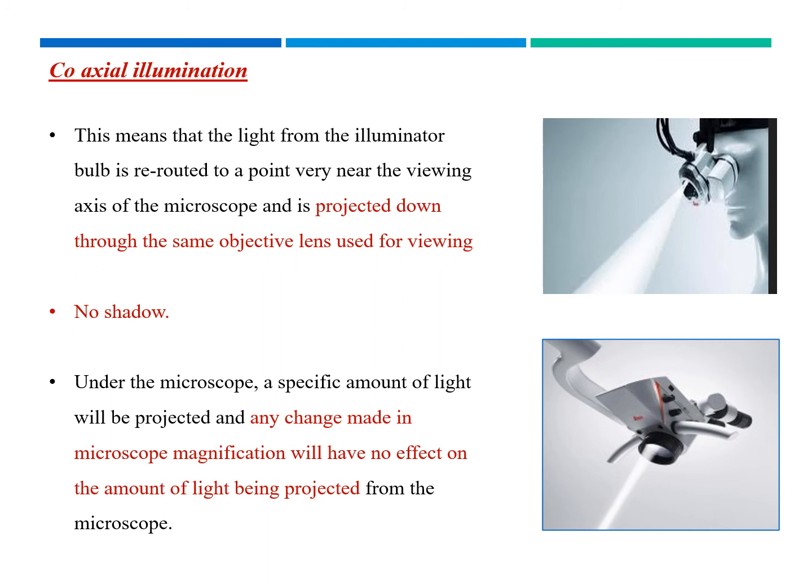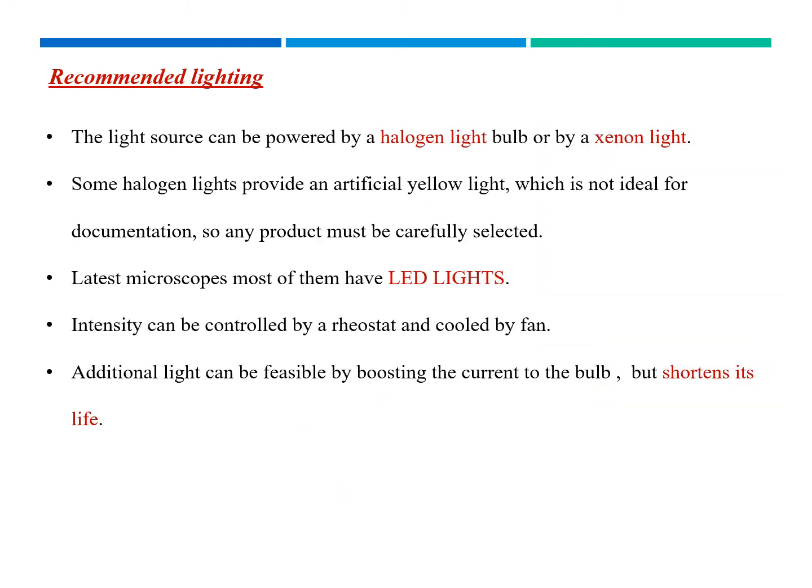So any change made in the microscope magnification will have no effect on the amount of light being projected from the microscope. The light source can be powered by halogen or by xenon light, but most of them accommodate LED lights, and LED lights have an additional life compared to halogen and xenon lights.